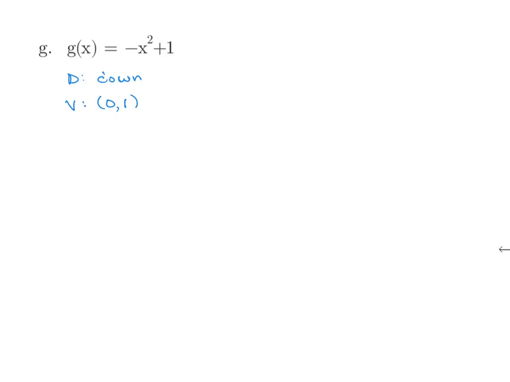This is a y-intercept, so let's confirm that. If I plug in 0 for x, I get minus 0 squared plus 1. My x term goes away, and I am left with y equals 1. So for this one, my vertex and my y-intercept are both (0, 1).